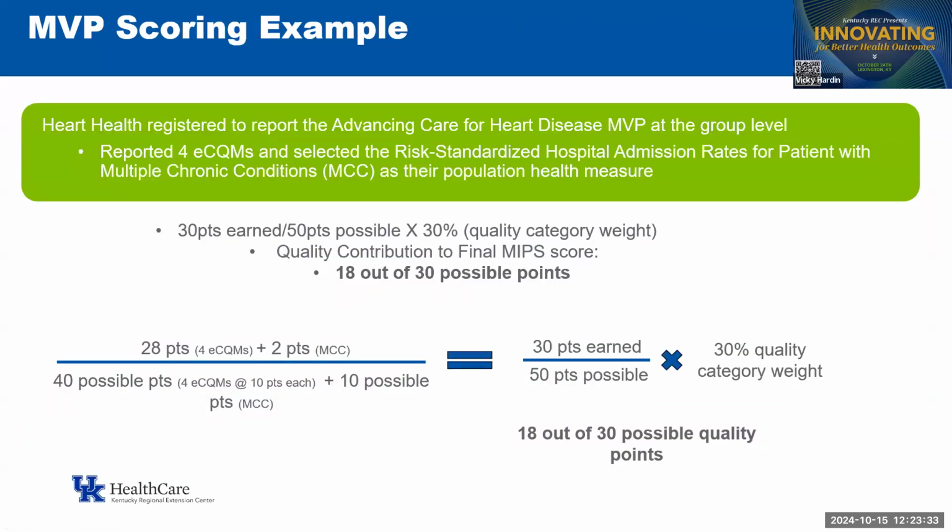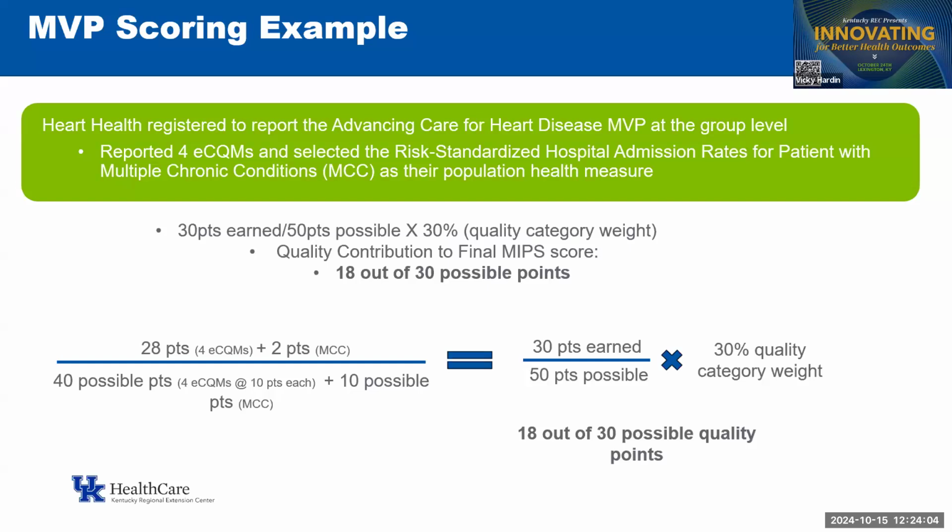All right. So an MVP scoring example, just to give you an idea how population health measures can affect your scoring. So we have an example of heart health. Heart health registered to report the advancing care for heart disease MVP at the group level. They reported 4 ECQMs that they felt that they were doing pretty well in, and they selected the risk standardized hospital admission rates for patients with multiple chronic conditions population health measure.